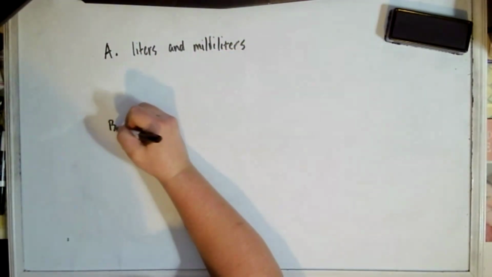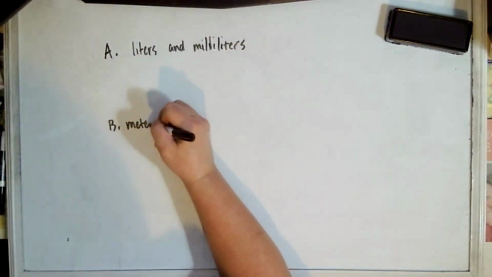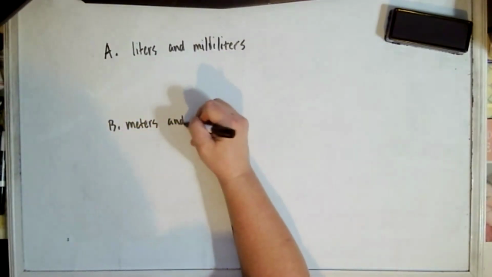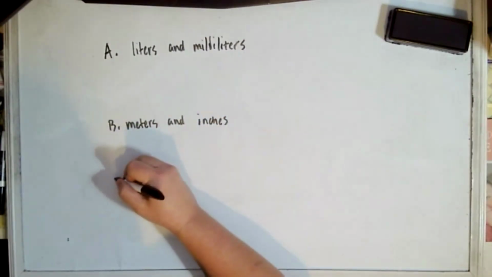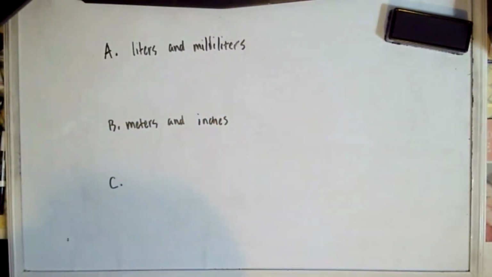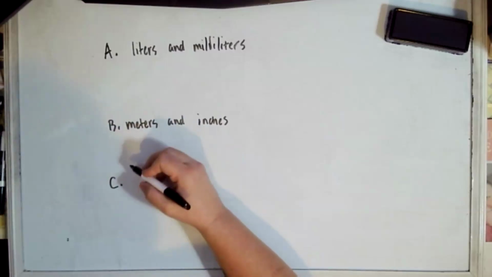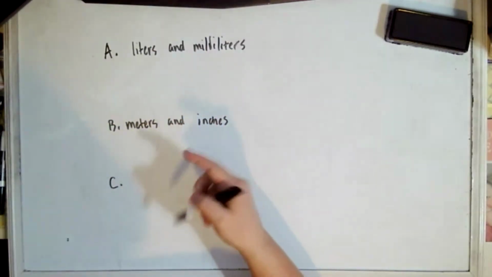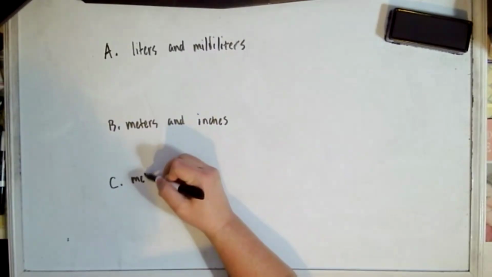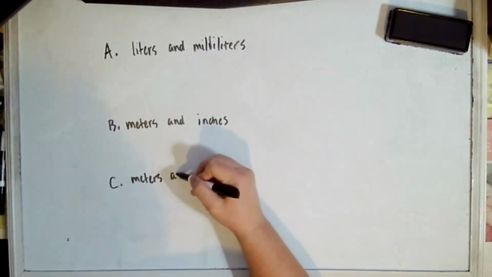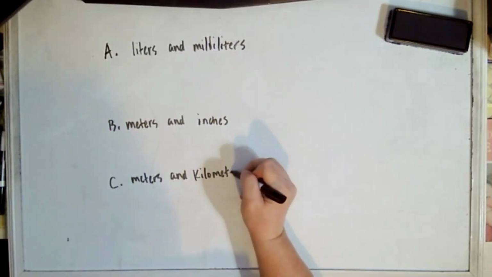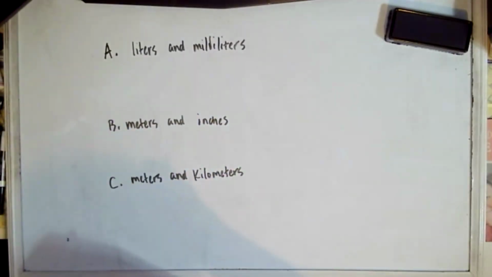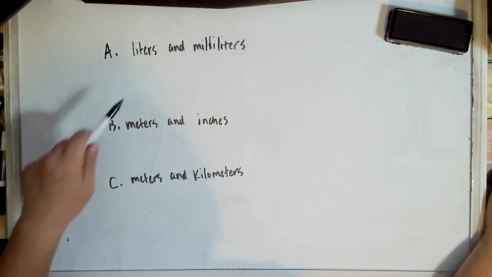Okay, so that one, meters and inches. And the first thing that you want to do here is go and look on your conversion factor list and find the equalities that relate these things. So that's where I'm going to be getting the first bit of information.